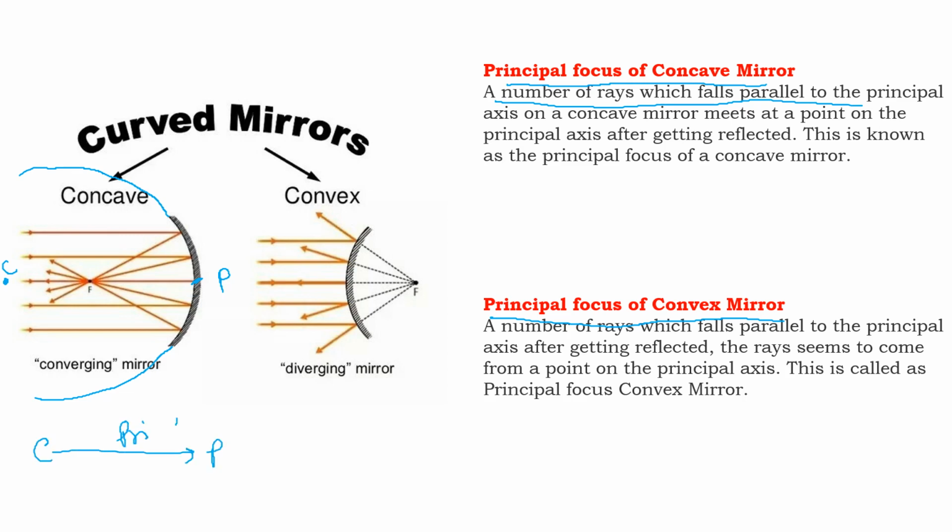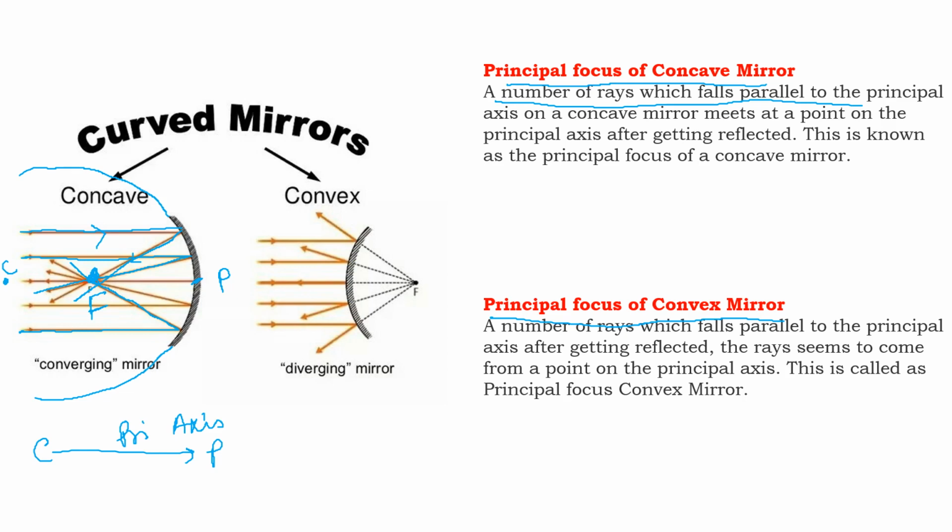Principal axis. Now the rule says when lines parallel to the principal axis fall on the mirror, they reflect back. After falling, this ray got reflected back. Same way this ray parallel to the principal axis, after reflection it bounced back. So all the rays which are coming parallel to the principal axis, after reflection they bounce back and meet at a common point. This point is called focus.